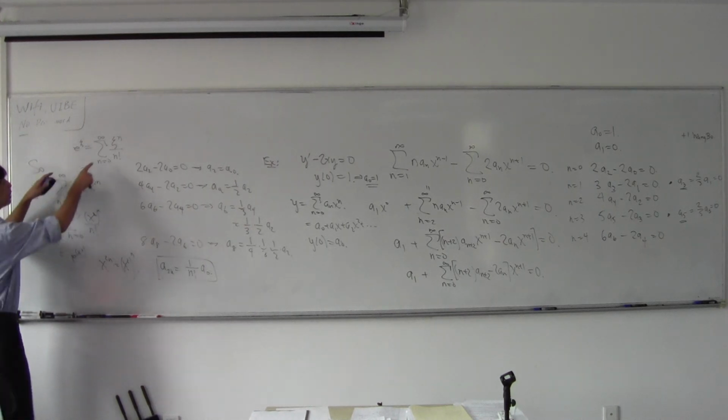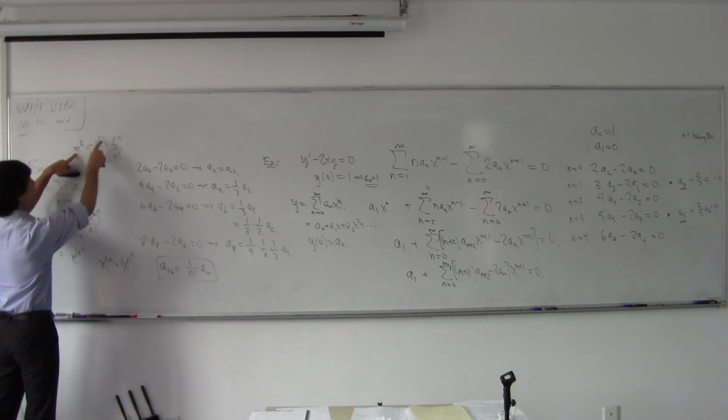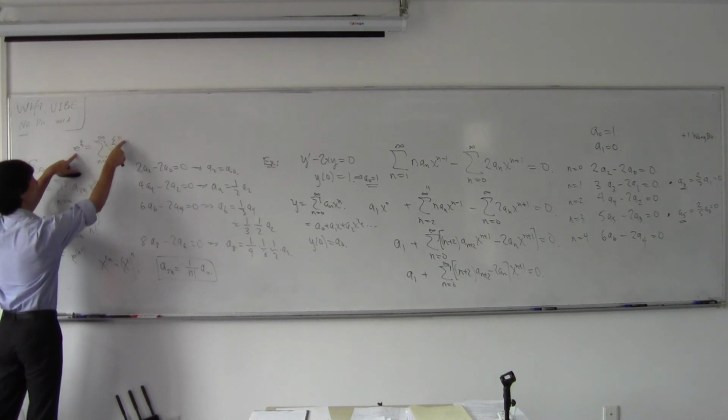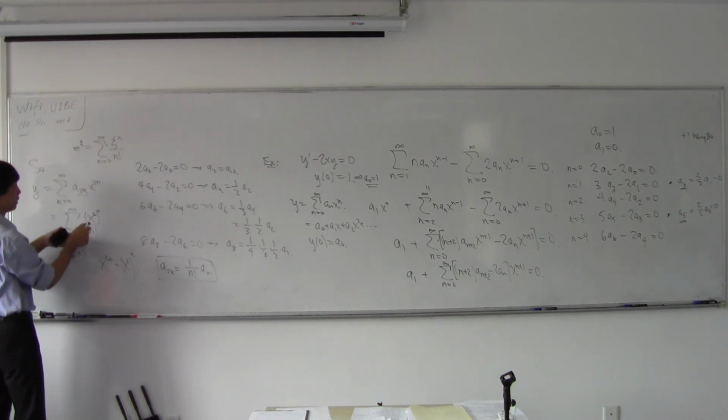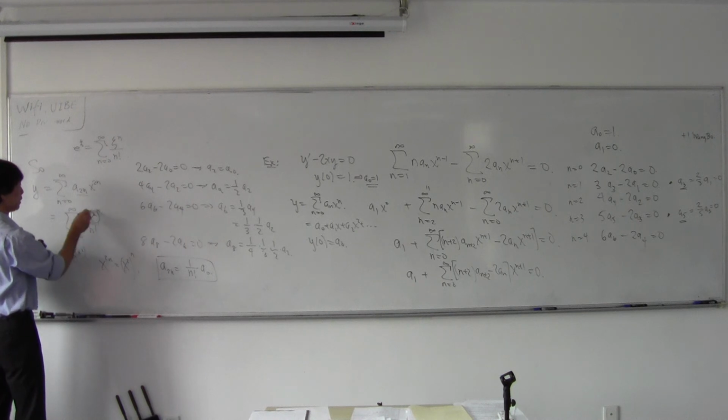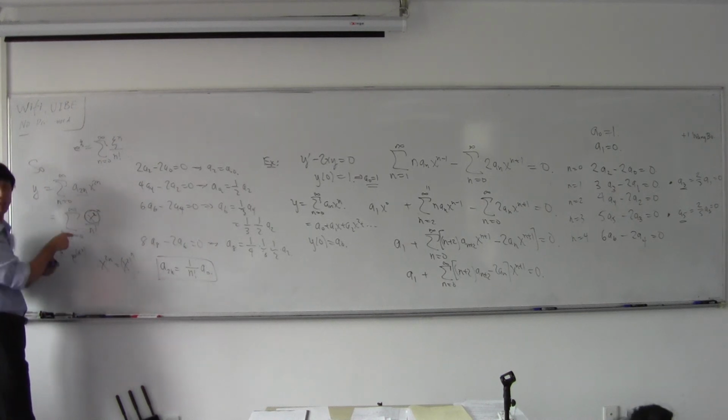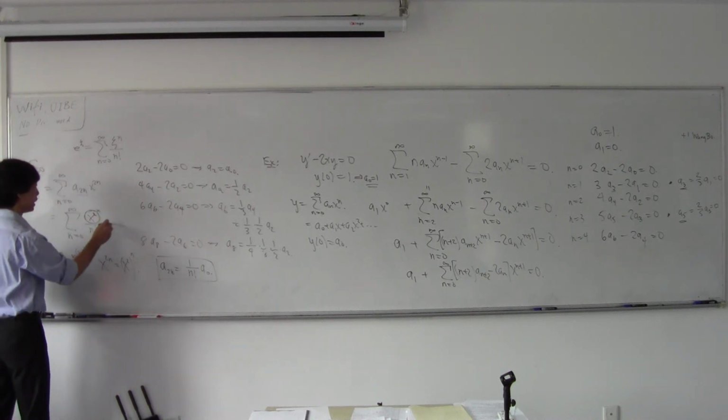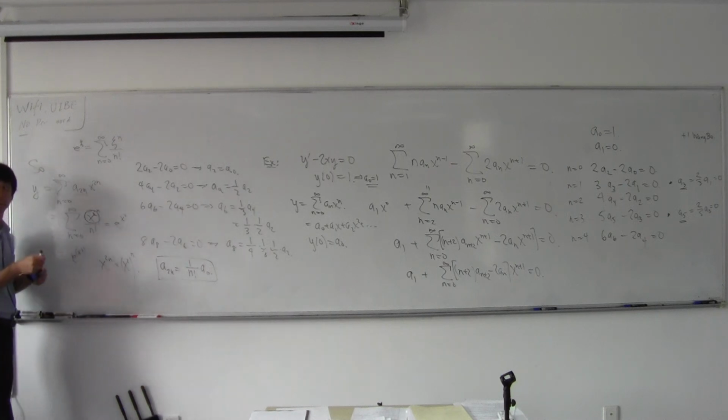You don't see it? e to the something is the summation of something to the n over n factorial. So here it is, something to the n over n factorial, so this is e to that something.